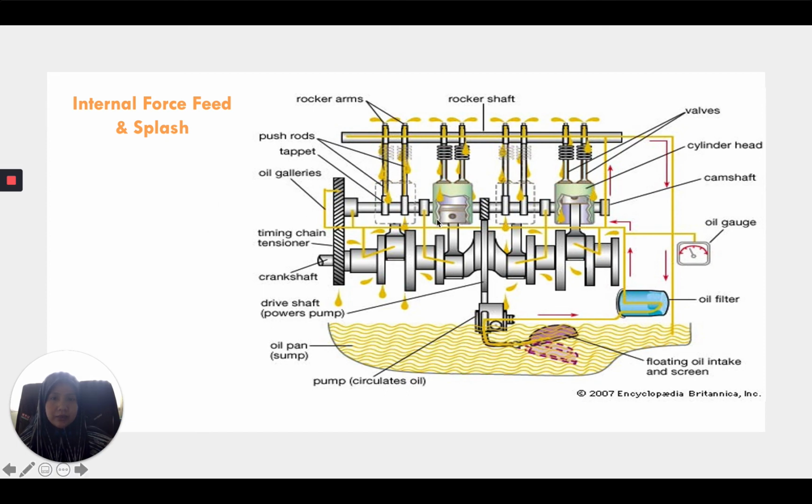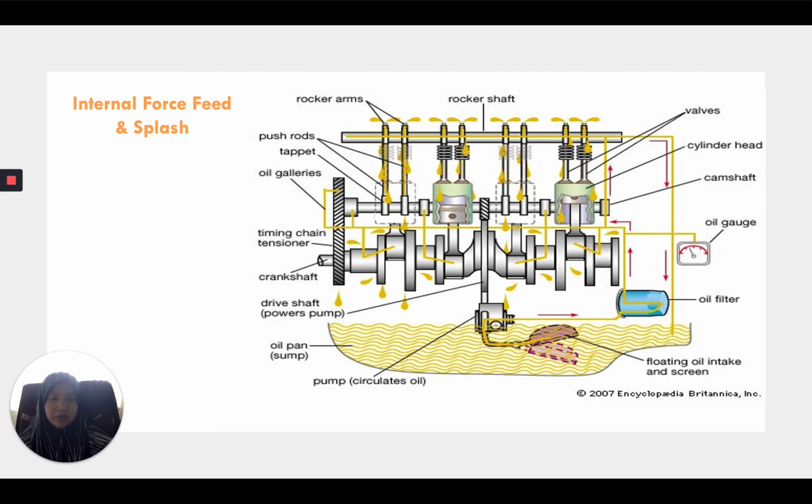And the camshaft and valve mechanism is also lubricated by the oil. And although the splash type lubrication system is still being used in engines these days, its usage has been found to be limited to small or single cylinder engines, as the splash only is not sufficient to make the oil reach all critical components of the engine.